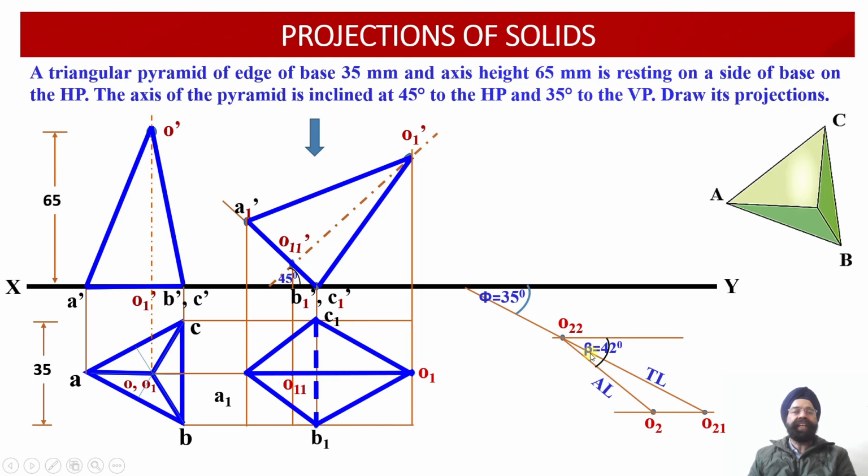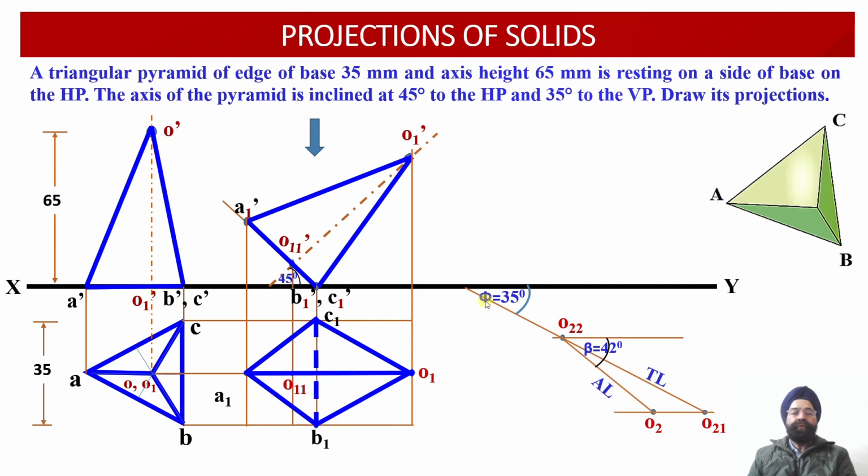This angle is called angle beta. We know that the apparent angle of inclination is always greater than the true angle of inclination. So angle beta is greater than angle phi.